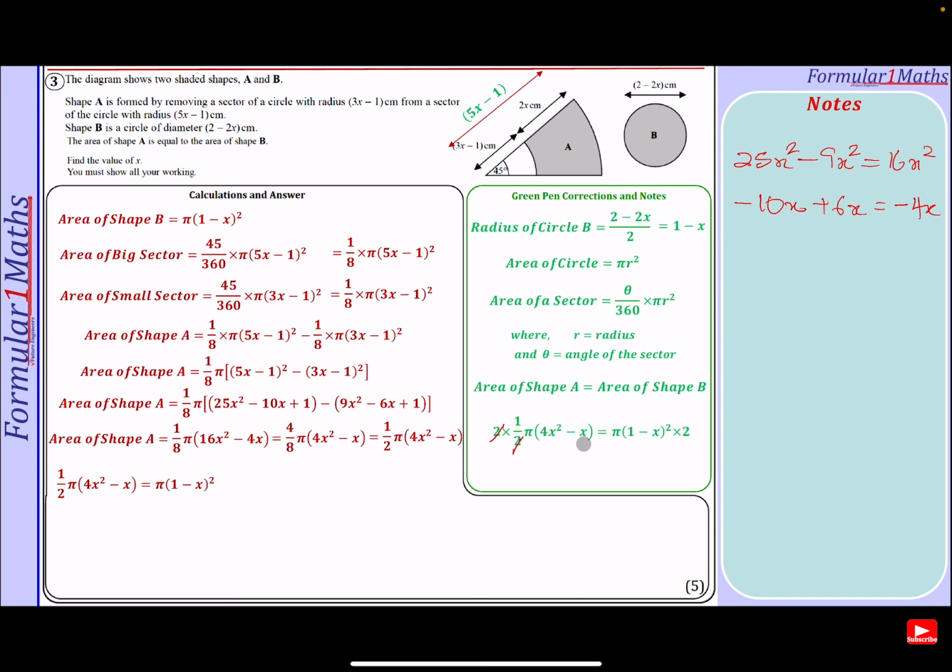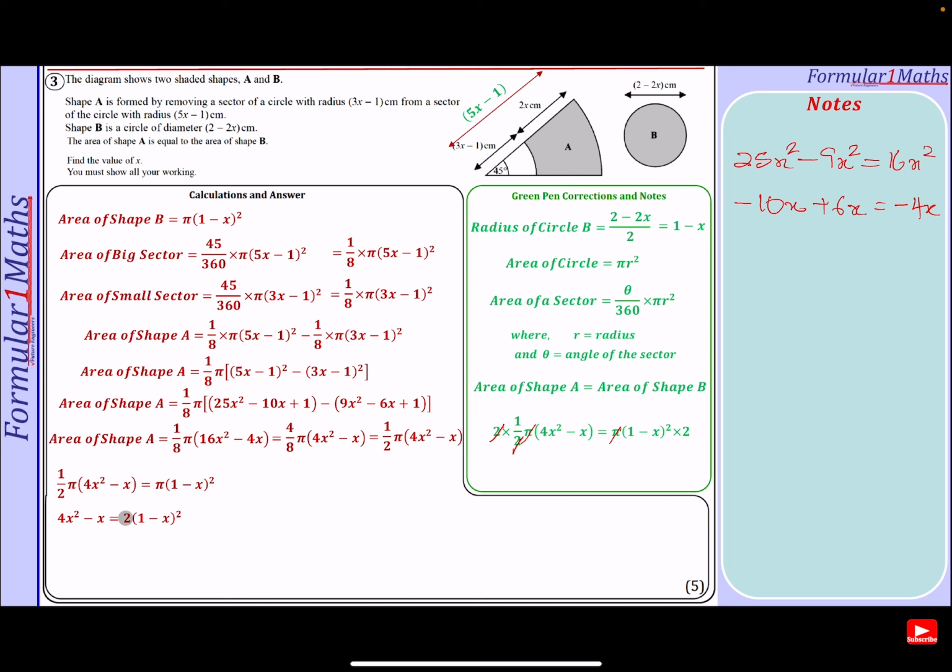But I can also divide that side by pi and that side by pi. That means this pi will go. So I'll be left with a very simple equation here.